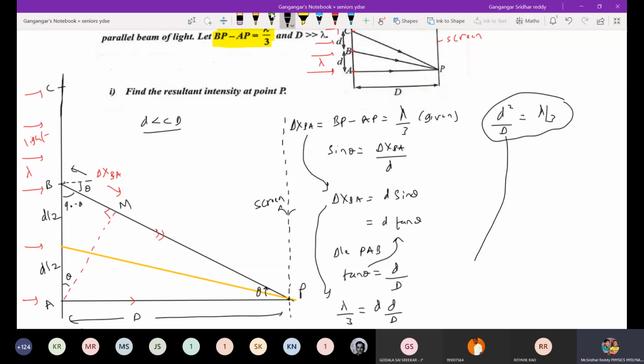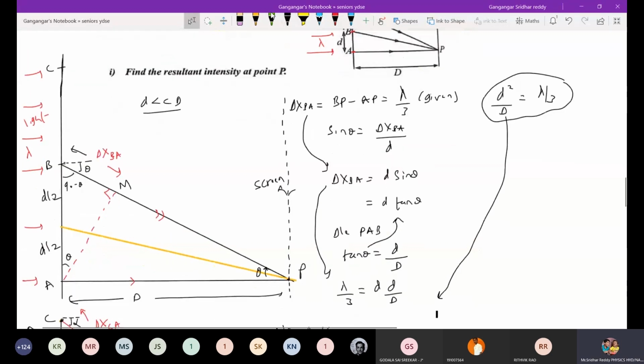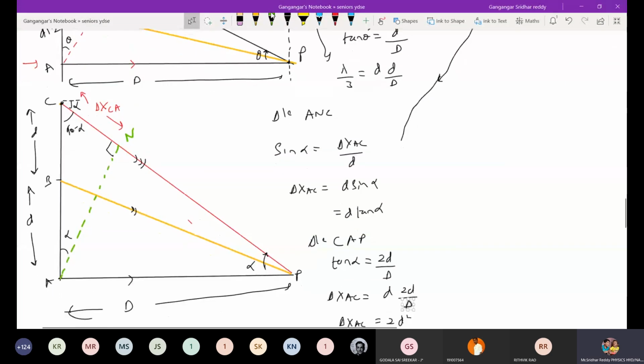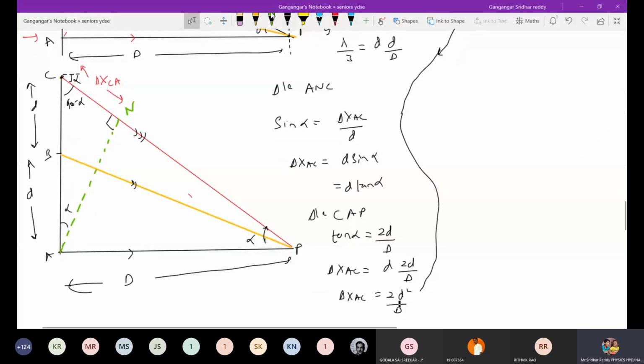I'll put an arrow so that I'm going to substitute here. So delta XAC is equal to 2 times d square by D, which is lambda by 3, no?